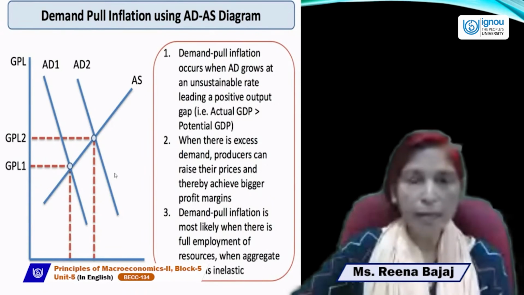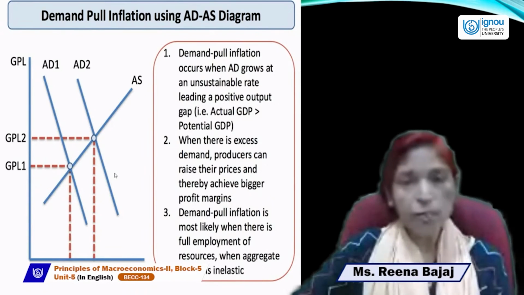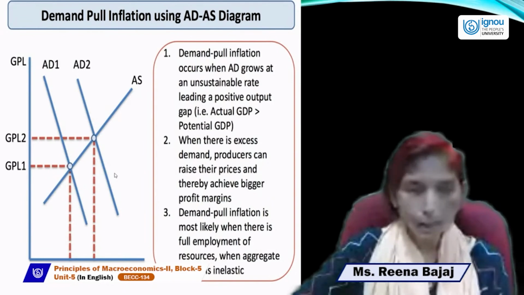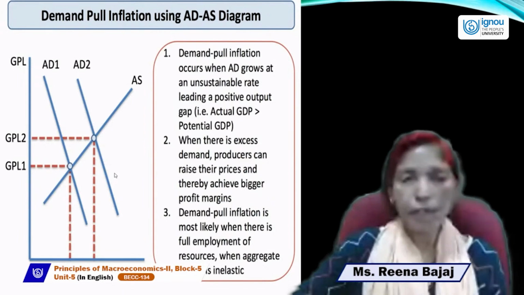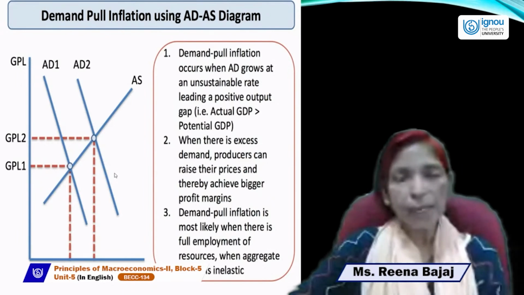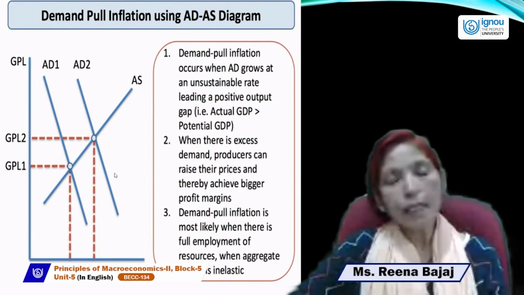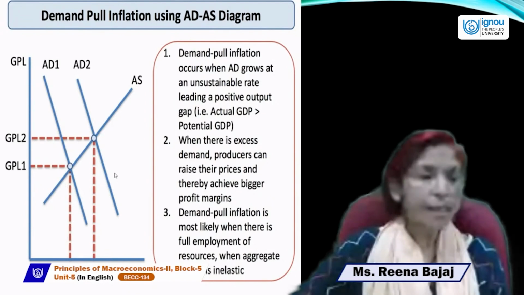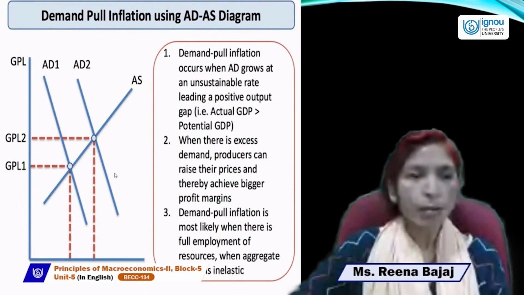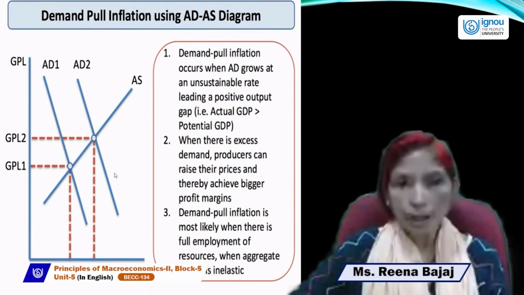An inflationary gap is a situation when actual GDP is more than potential GDP. So this is the demand pull inflation diagram, and we can explain it with the help of the AD and AS diagram. In the previous session, you studied the AD-AS model.